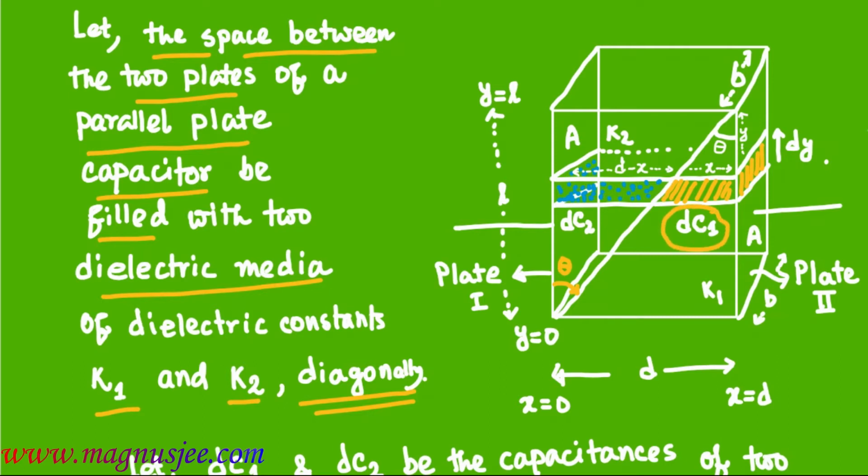For dC1, for the elementary portion of capacitance dC1, b is the breadth, and dy is the height. That's why area of cross section is b dy, and dC1 will be k1 epsilon 0 b dy divided by x. This will be the capacitance of this elementary portion.